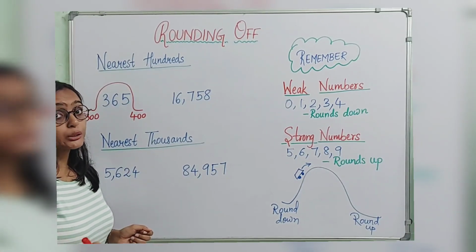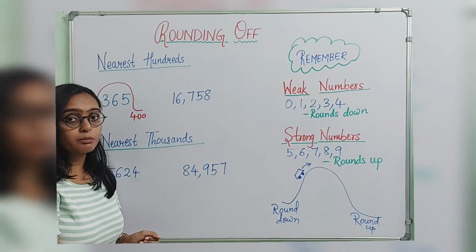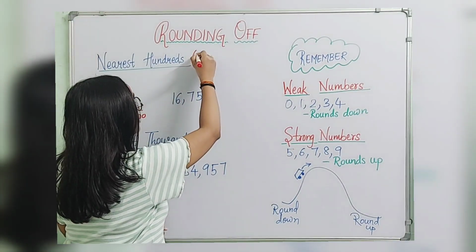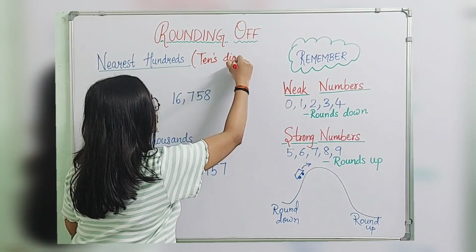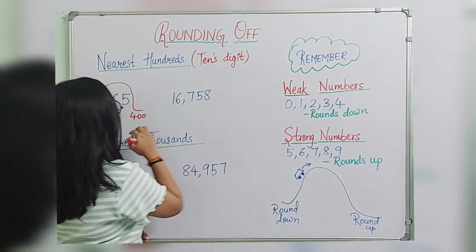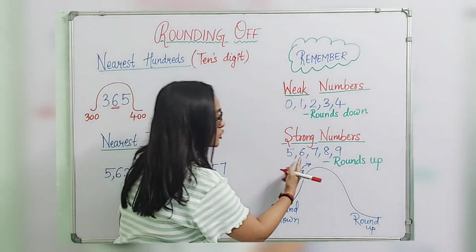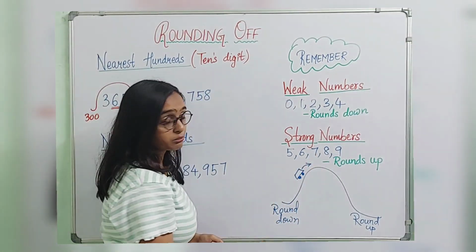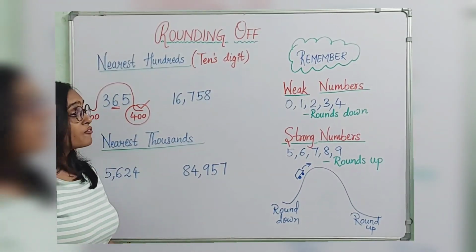Now to round the number to the nearest hundreds, we have to check the digit before the hundreds place, that is the tens place. The digit at the tens place is 6. It is a strong number. When it is a strong number, it rounds up. So 365 will be rounded to 400.